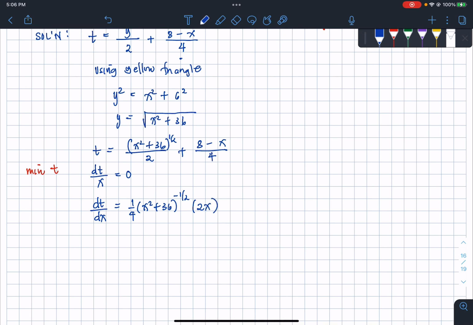Then plus, this one is the same as 8 all over 4, which is 2, then minus x all over 4, plus, derivative of 2 is 0, then minus derivative of x all over 4 is just 1/4. Right.